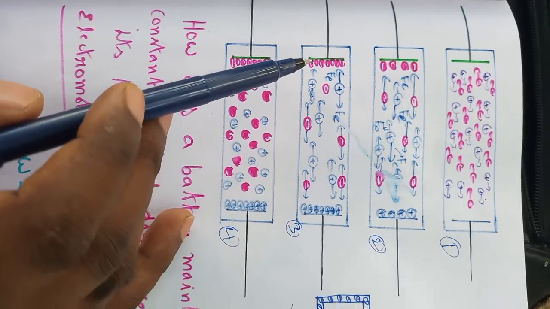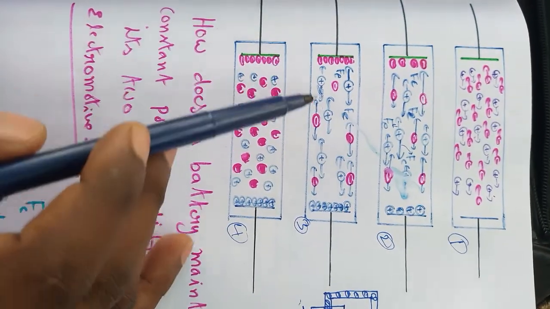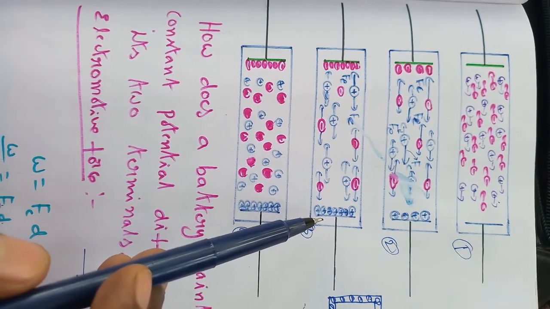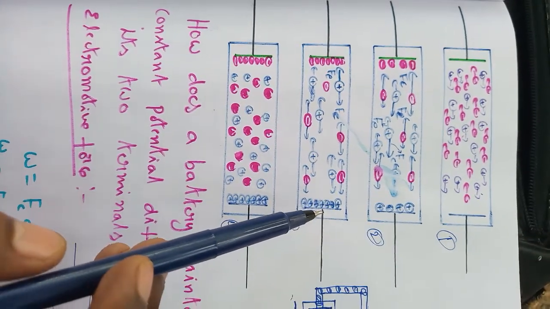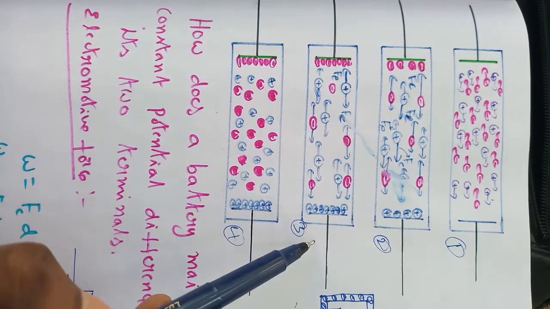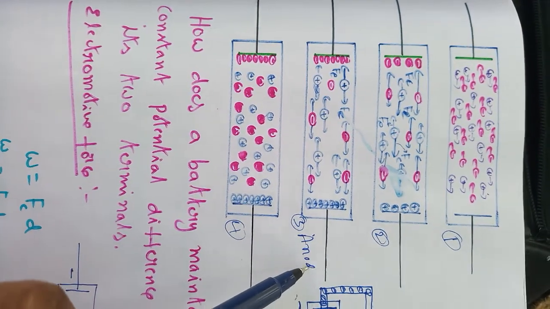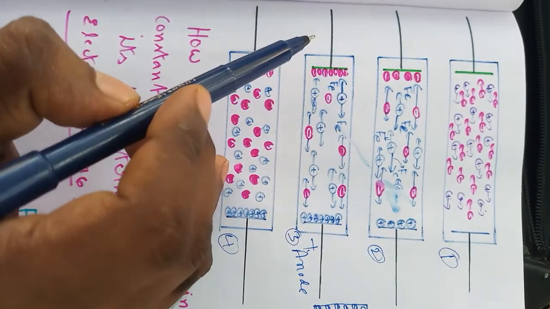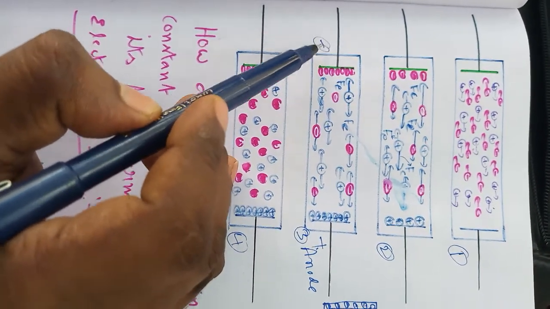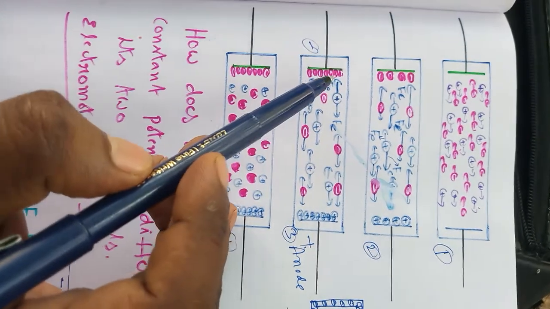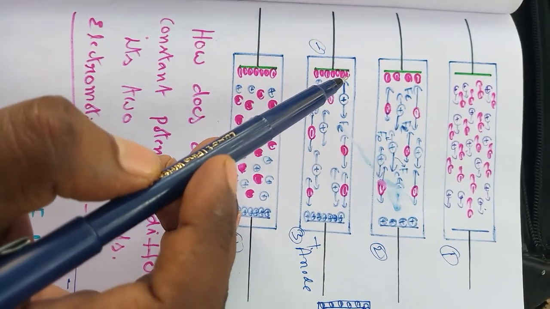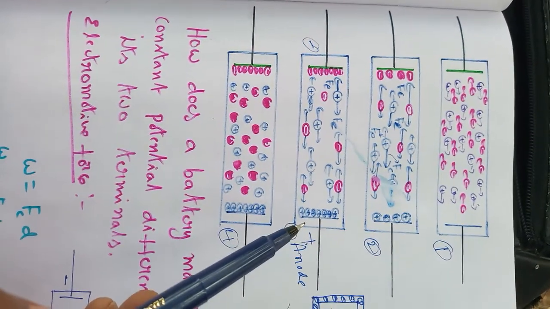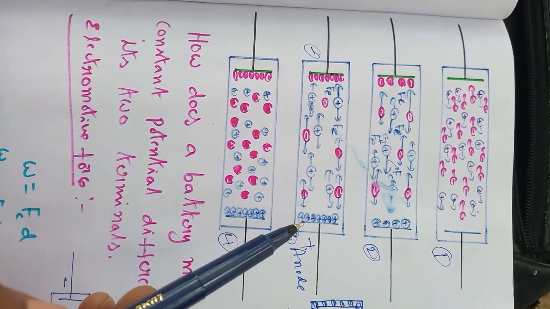This is called the negative charge plate, and this is called the positive charge plate. The positive charge plate is also called the anode, and the negative charge plate is also called the cathode, and its charge is negative. That means on this plate there are sufficient negative ions, and on this plate there are sufficient positive ions.